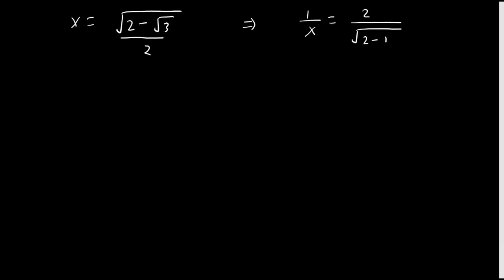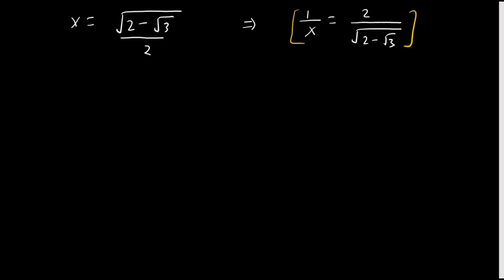If we take the reciprocal of both sides, then 1 over x equals 2 over square root of 2 minus square root of 3.